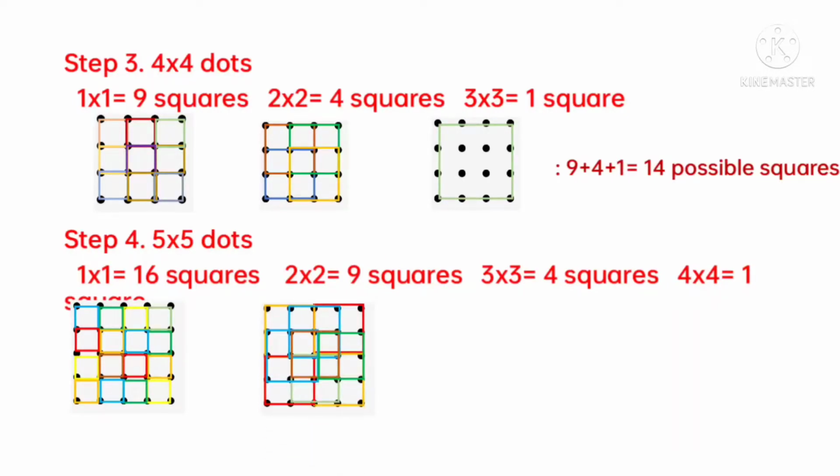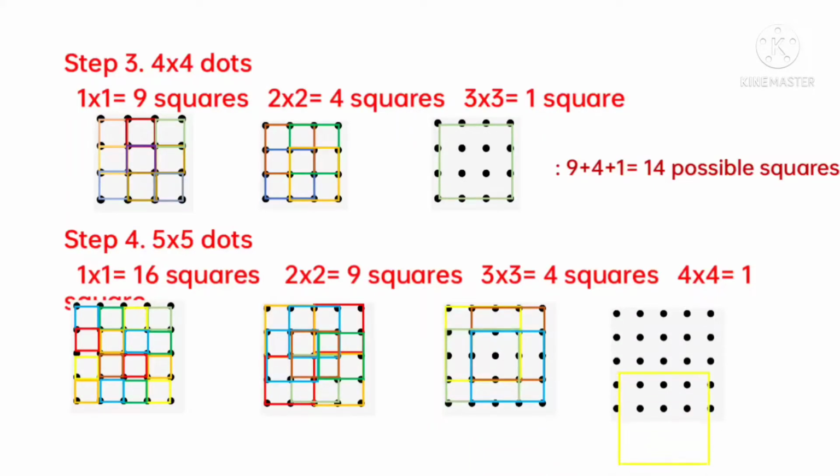And sa 3 by 3 naman is may 4. And lastly, sa 4 by 4, may 1 square. So 16 plus 9 plus 4 plus 1 is equal to 30 possible squares sa step 4.